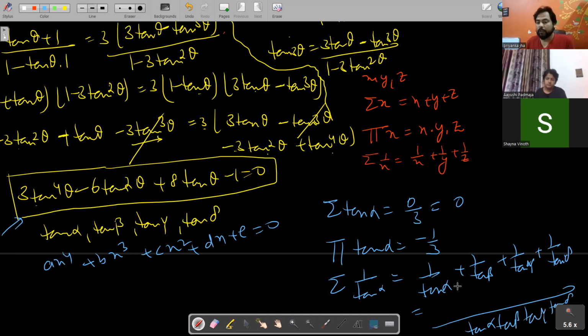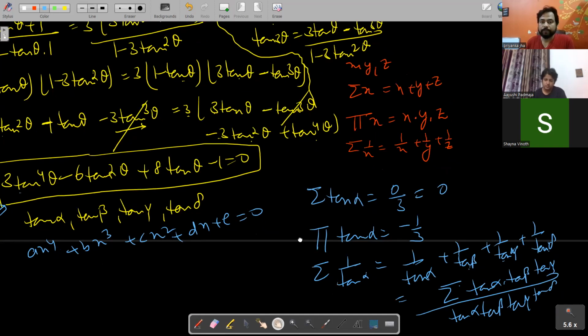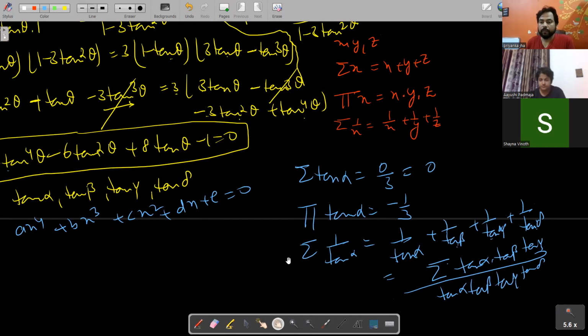The numerator would be tan beta into tan gamma into tan delta plus tan alpha into tan gamma into tan delta plus tan alpha into tan beta into tan gamma, like that. So you can write here the summation of tan alpha, tan beta, tan gamma. Understood or not? Understood now? Yes, sir.